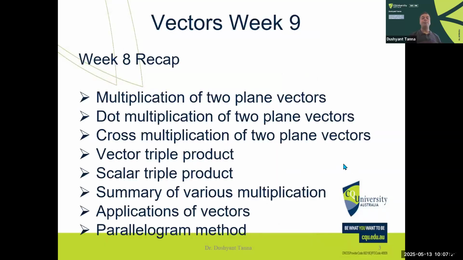Right, so a quick recap of week 8. Week 7 was all about an introduction to vectors and a couple of basic things. Week 8 was mostly various types of multiplication, so multiplication of two vectors. We considered the dot product, cross product, vector triple product, scalar triple product, and a summary of multiplications.